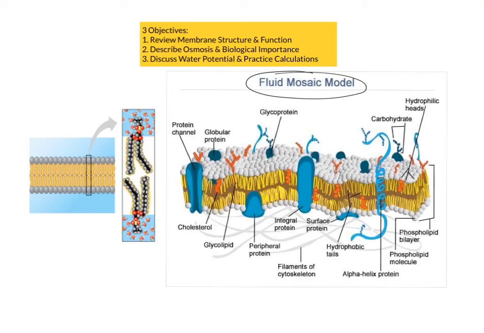the cell membrane. The first thing is that it is fluid, meaning that all of the components, whether you're talking about the phospholipids or the proteins or cholesterol, these are not staying in one spot.